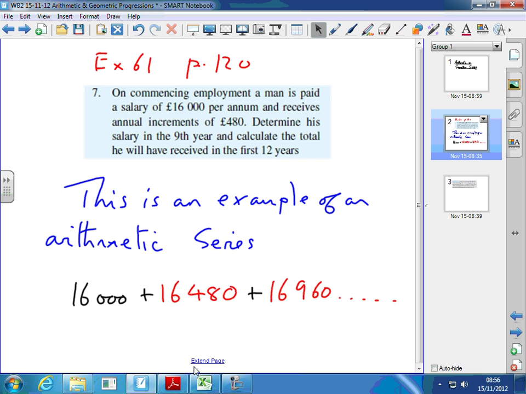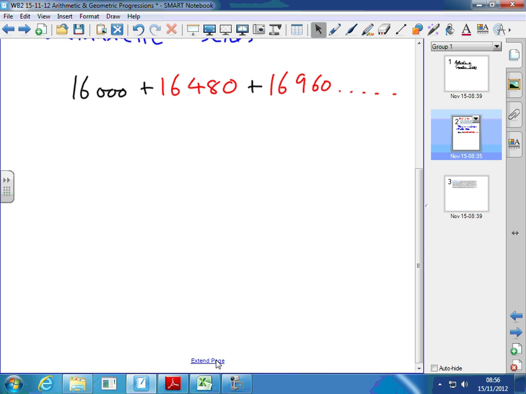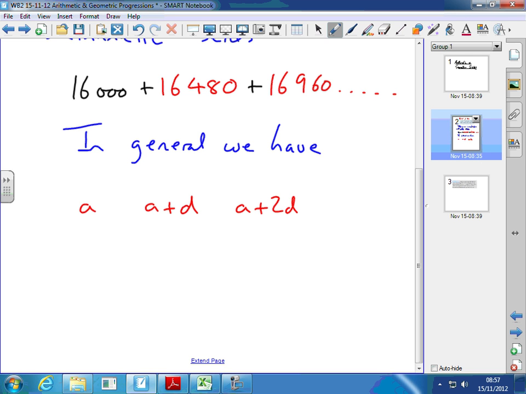And so, to generalize, we have this A, and then A plus D, and then A plus 2D, and then A plus 3D, and so on, as our terms.